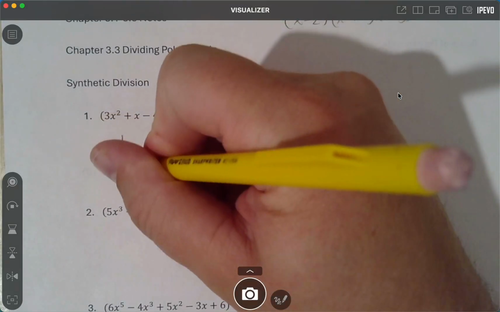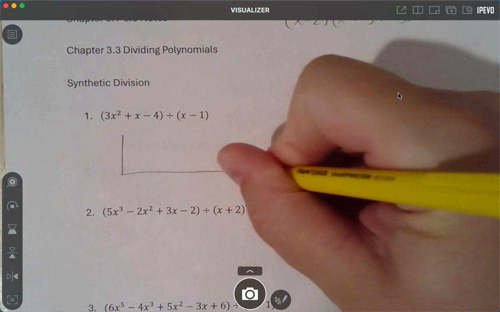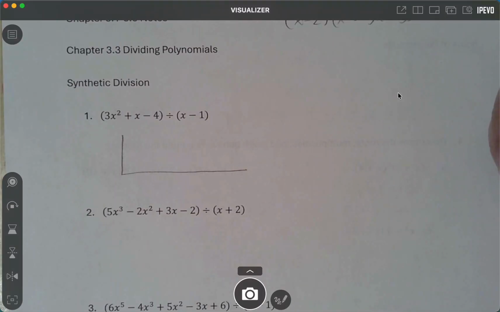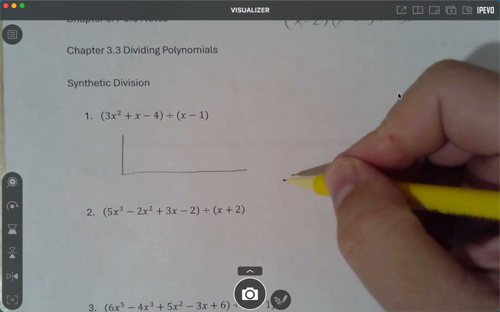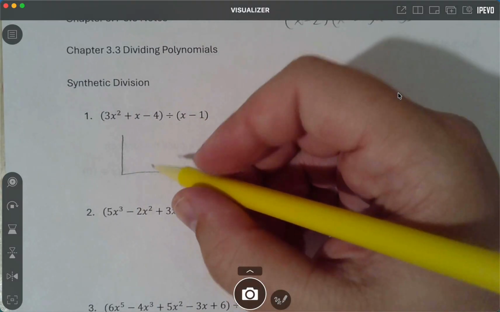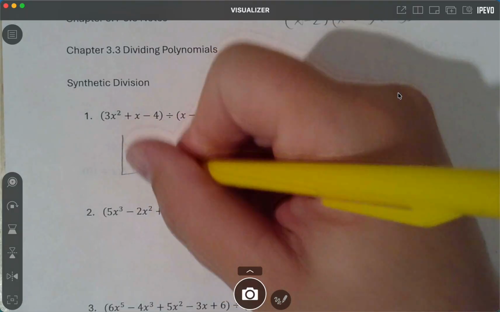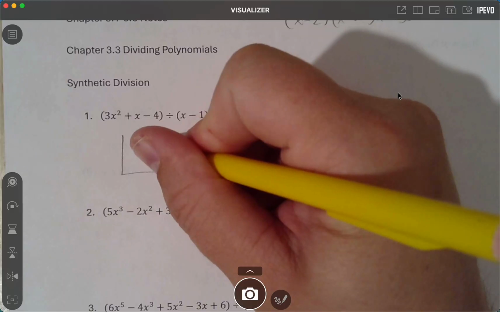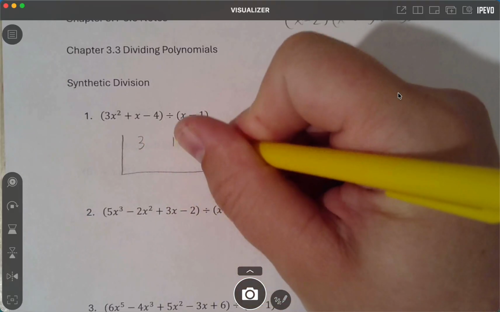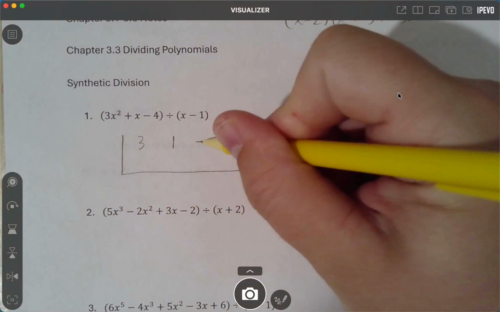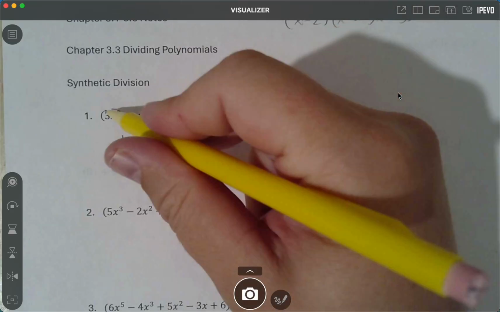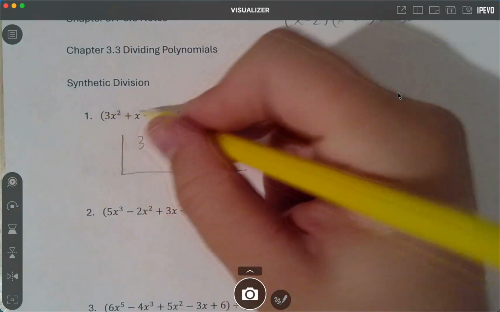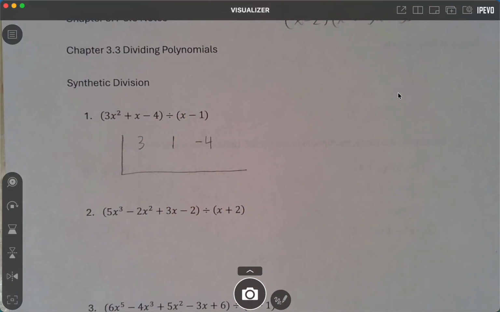Now watch what happens. I guess because it's synthetic division, we write an upside down division symbol. Interesting. What do we then write? And leave some vertical space here, kind of copy my spacing. We write what's called, again, the coefficients of the thing being divided.